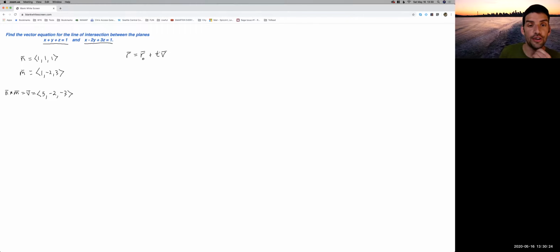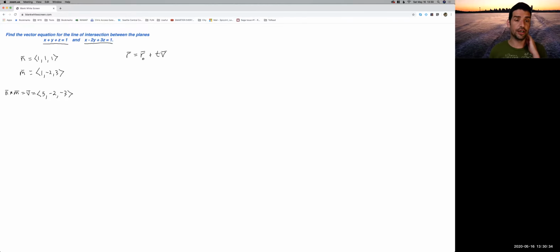So in other words, its X, Y, and Z components will eventually each be equal to every single real number, right? No matter what R0 is, if I add to it T times V, let's just think about the X component for a second. I'm starting with a number and I'm adding 5 times T to it. I can get to any number I want, right?